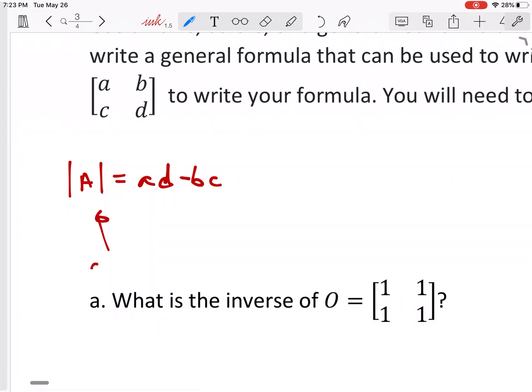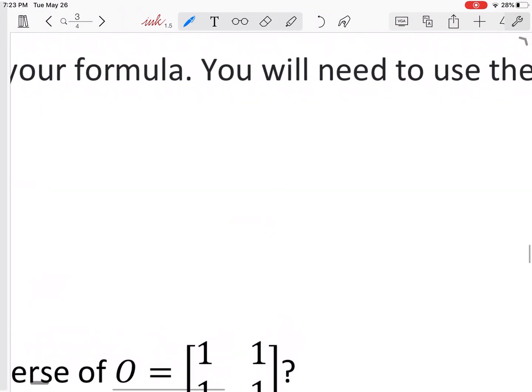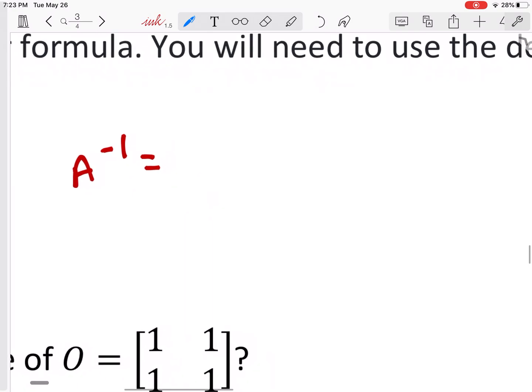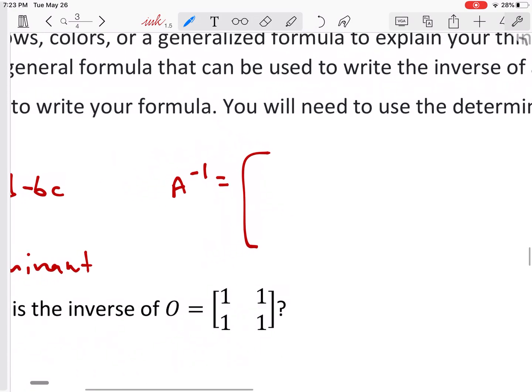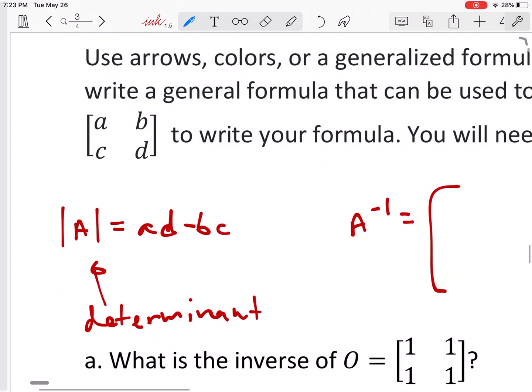Again, this means determinant. So we'll always find the determinant first. That's going to be used whenever we calculate the inverse. Well, the inverse of A will be equal to, again, what we do is we switch these two.